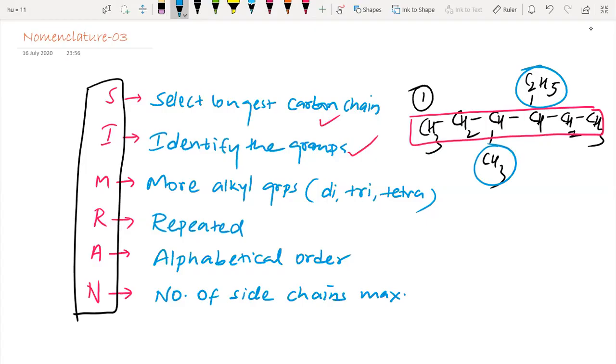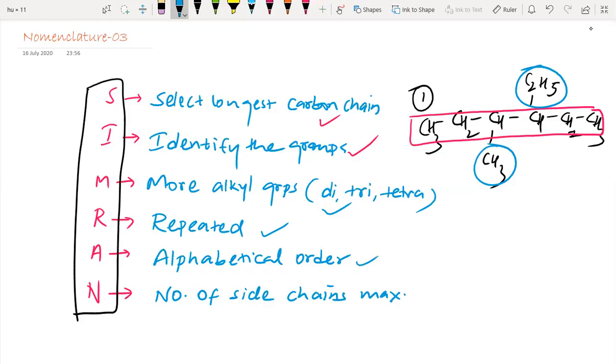We don't have more alkyl groups of the same type, so we are not going to use di, tri, tetra here. In this example we will not use repeated, so the number will not be repeated. That will come in another example.